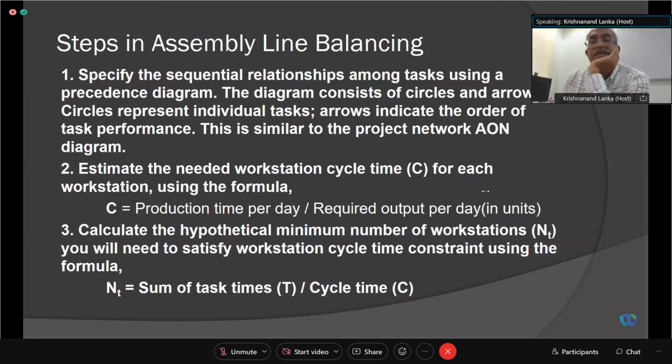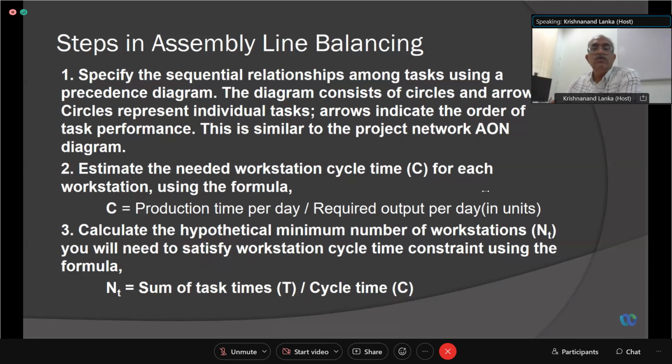See, there are two types of line balancing: fabrication and assembly. Balancing a fabrication line is a bit tough, because it may involve welding, cutting, machining. Whereas an assembly line is normally much easier.